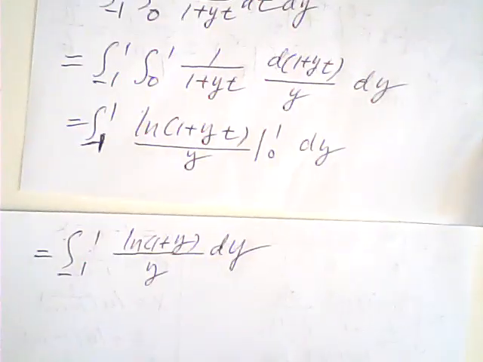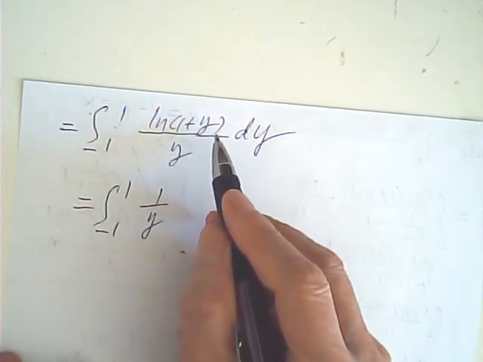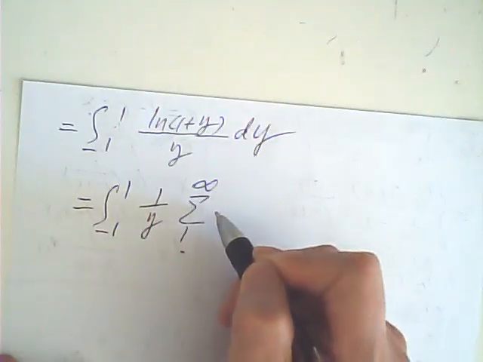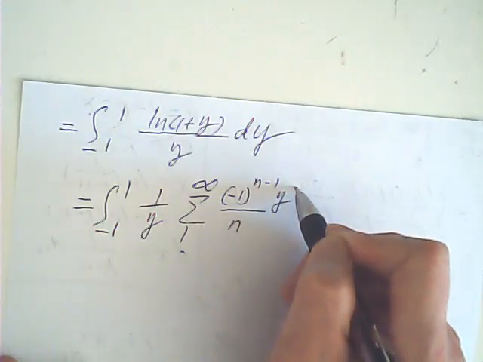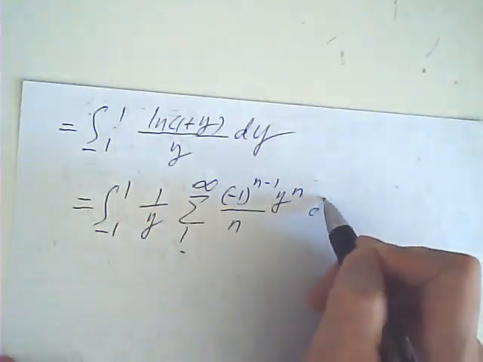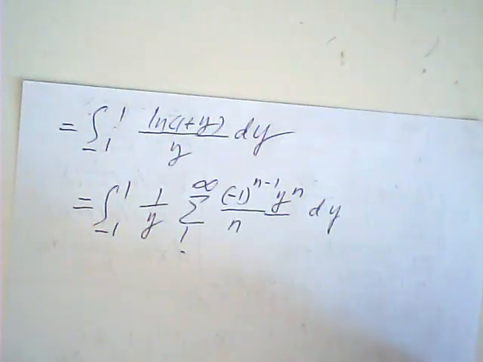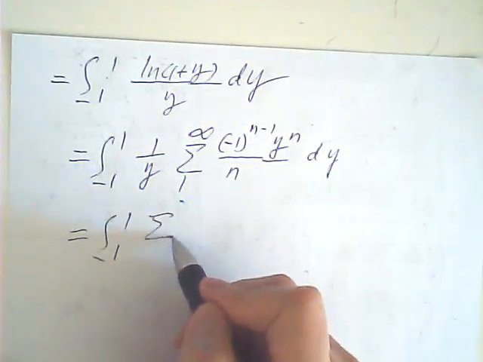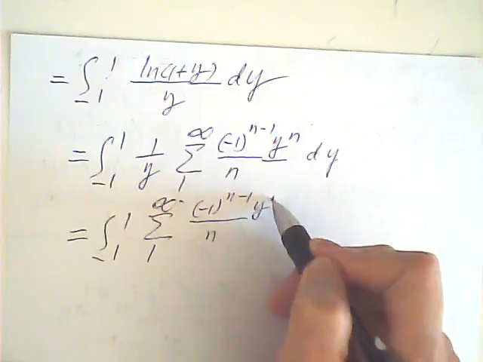Then I express log 1 plus y as a power series, sum from n equals 1 to infinity of negative 1 to the n minus 1 times y to the n over n. This power series is the expansion of log 1 plus y. Then combined, this is sigma of negative 1 to the n minus 1, y to the n minus 1.